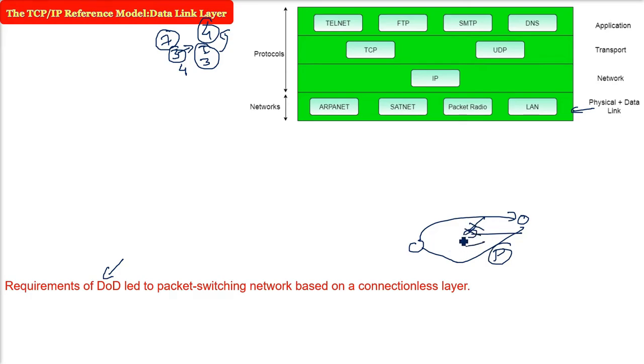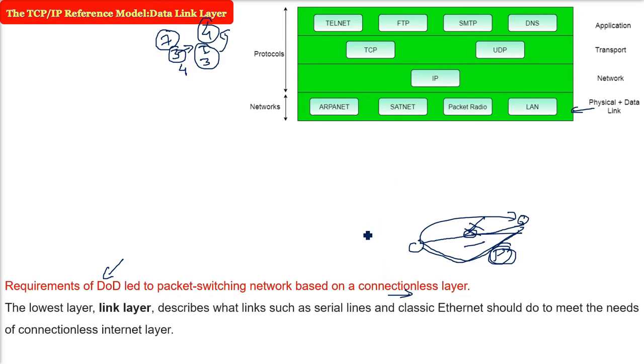That is, if something breaks, the packet should find another way so that it reaches and the communication still takes place. Paul Baran, Larry Roberts and other people were involved at that time. And because of this connectionless layer, the lowest layer here, the link layer in TCP/IP, describes what links means: serial lines.